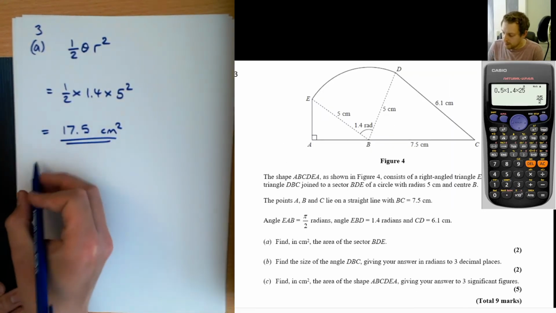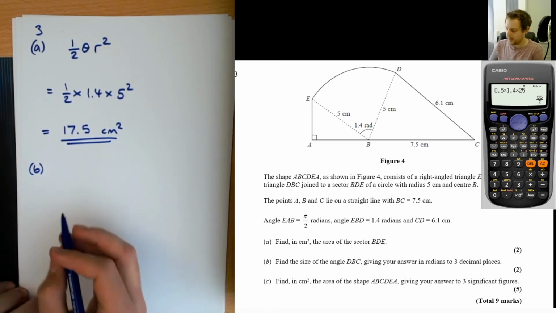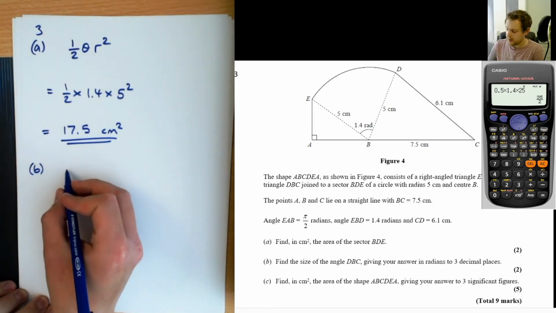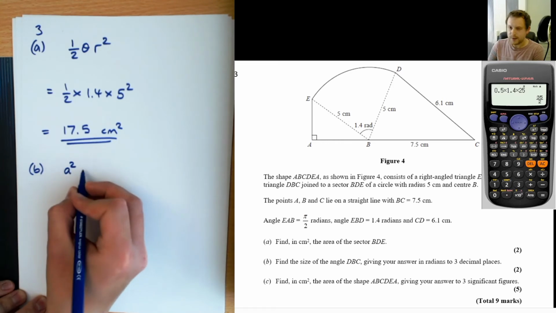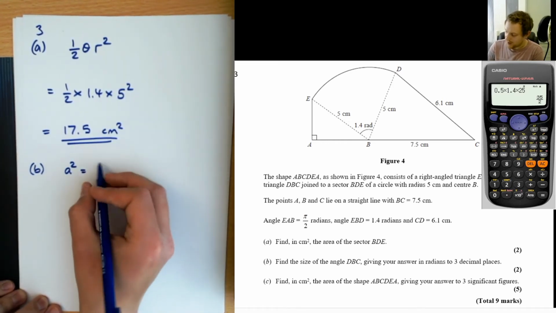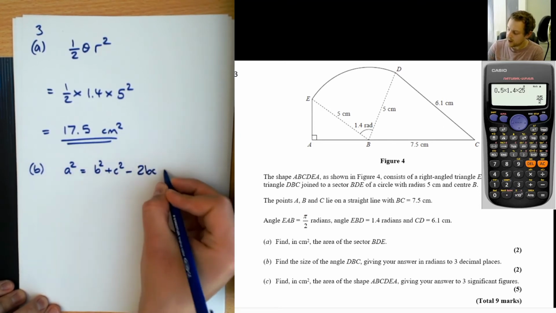Right, part B. Find the size of the angle DBC. Okay, so that's just cosine rule. So a squared, so mine went blank there, so a squared equals b squared plus c squared minus 2bc cos a.